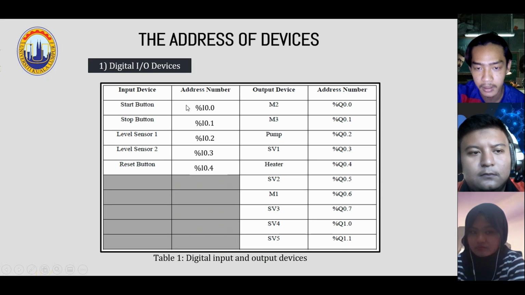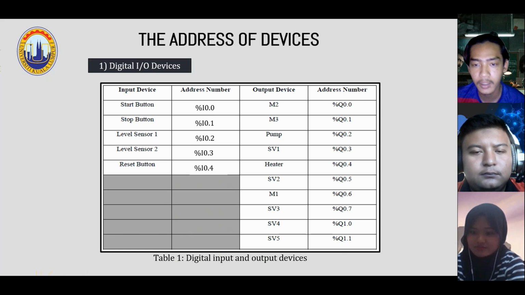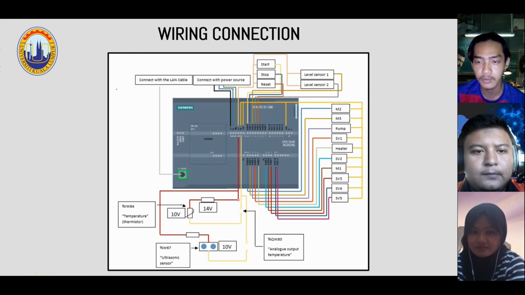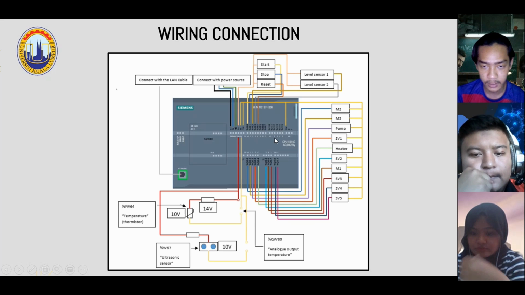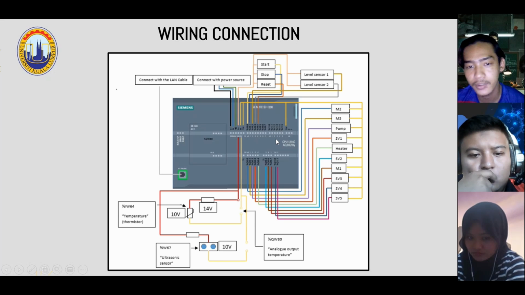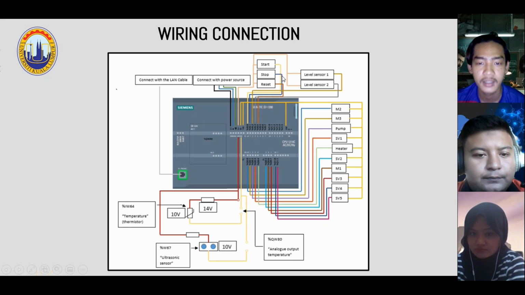For example, based on Table 1 of digital input output, the first input, which is the start button, uses the address %I0.0. Hence, one of the wires at the start button needs to be connected to the L plus, and the other wire needs to be connected at %I0.0 of the PLC. The same step applies for every input connection. The difference is just the address number used.